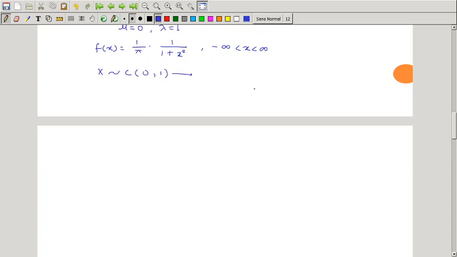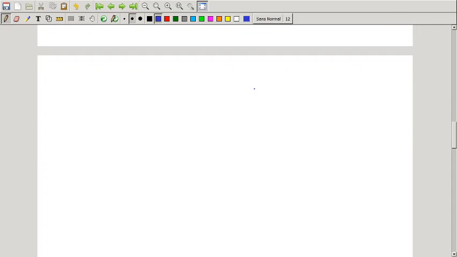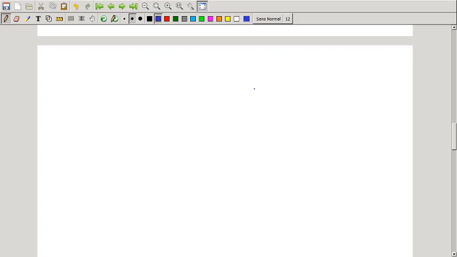Now further we will see the distribution function of Cauchy distribution. Here we are given that x has a Cauchy distribution with parameters mu lambda.